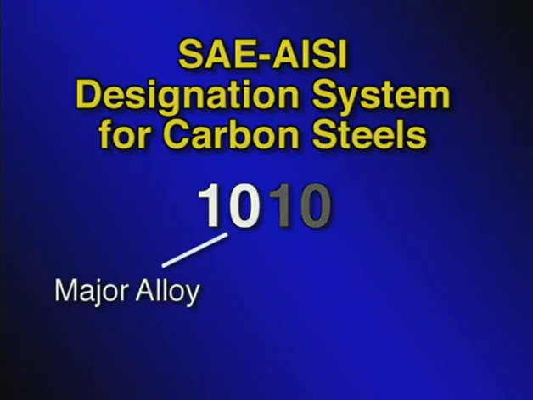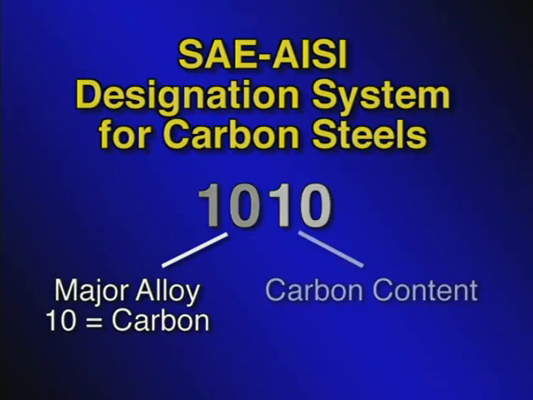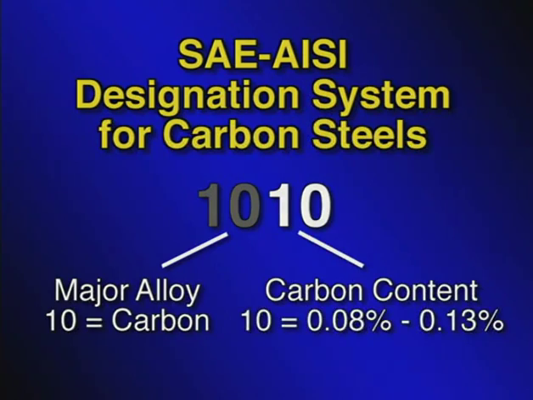The first two digits tell you the major alloying element. For example, a 10 means that the major alloying element is carbon. The second two digits specify the amount of carbon. If the last two digits are 10, the steel contains between 0.08 and 0.13%, or about 1/10% carbon by weight.